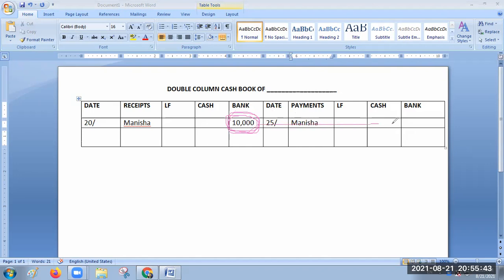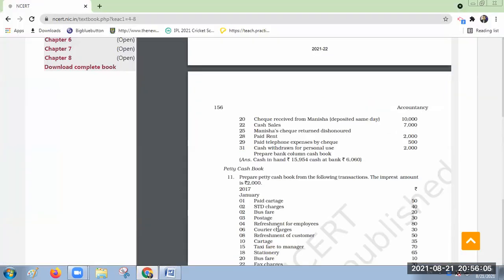Now the same 10,000 you have to reduce. Did you understand? Yes, sir. This is dishonor. This is how you treat it. So that's all. This is the only difference in the 10th problem. The remaining problems are the same.